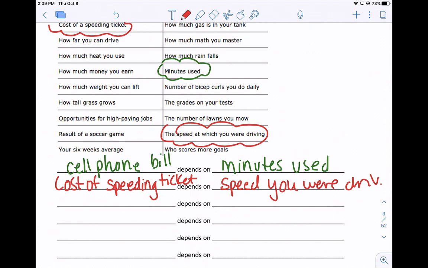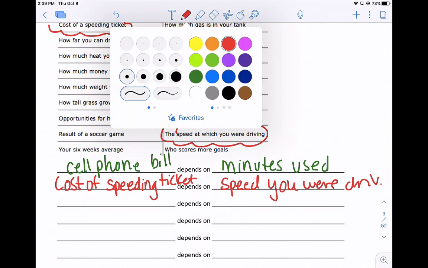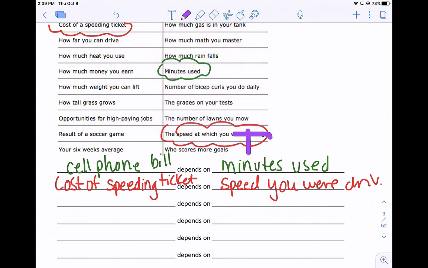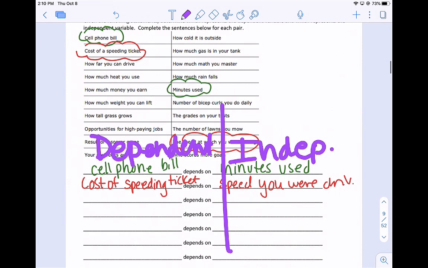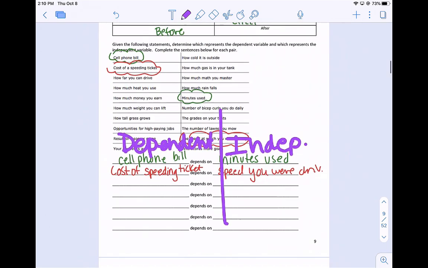I'm not gonna write the whole thing. All right, so let's label these. Our independent variable would be the right-hand side, and the left-hand side would be the dependent. These depend on the right-hand side. All right, so there's a bunch of examples. We just did a few. You can do a few more if you would like more practice.